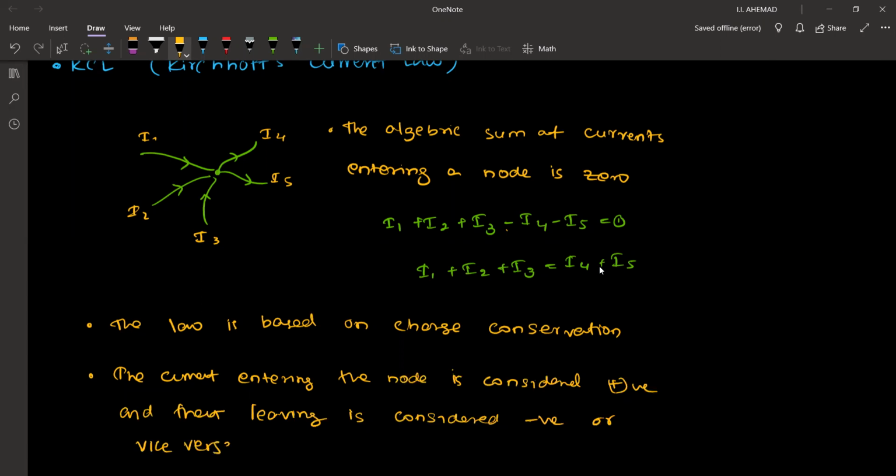So you can consider it any way, the opposite one will be negative.